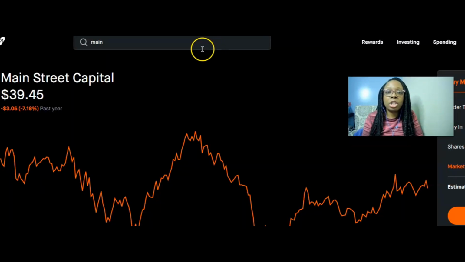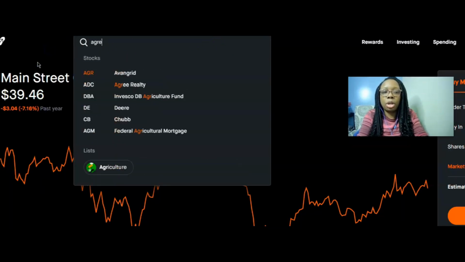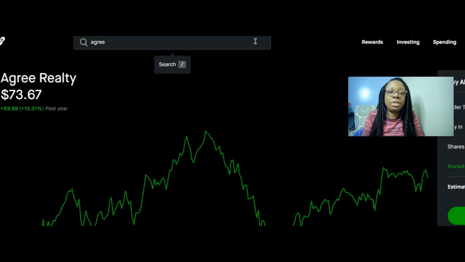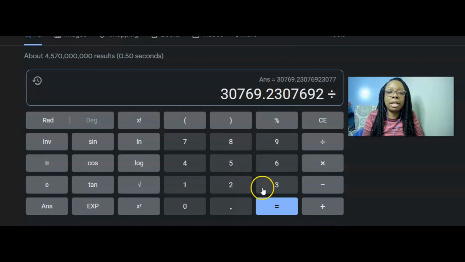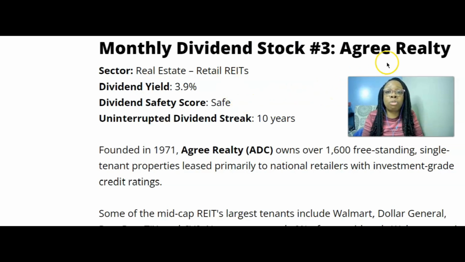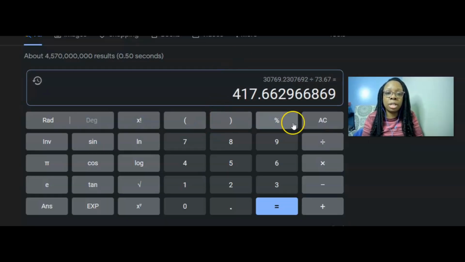What is the current price? So we know how many shares that is. $73.67. Let's come back to the calculator. $73.67. 417.66 shares you need to have invested in Agree Realty to get $100 a month or $1,200 a year.